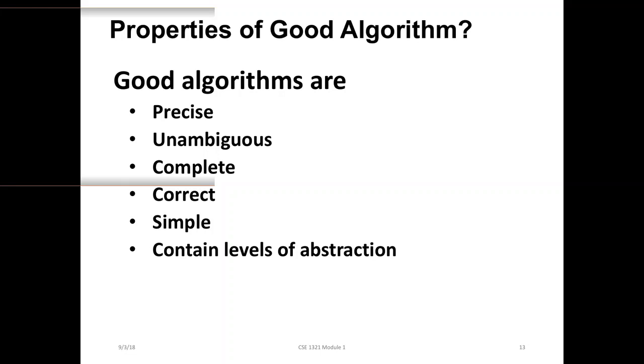Ambiguous means confusing; unambiguous means no confusion, straight, clear cut. Then it should be complete, it should be correct, it should be as simple as possible, and it should contain levels of abstraction.